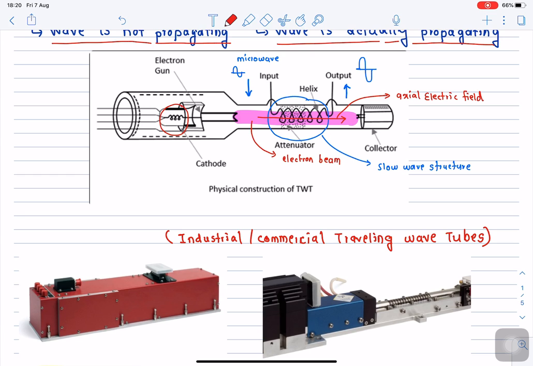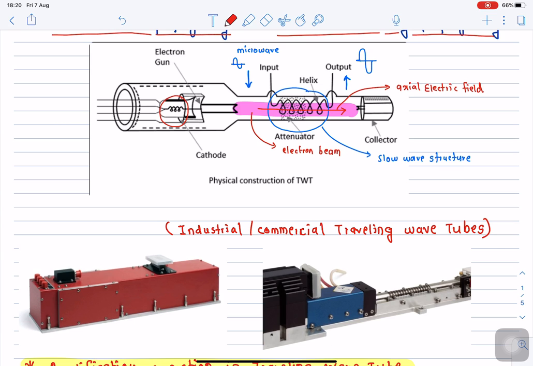This field will get generated when we inject the microwave signal over the slow wave structure. This axial electric field will start propagating in the same direction as the beam of electrons, and thus it will continuously interact with the beam of electrons over the slow wave structure, right?